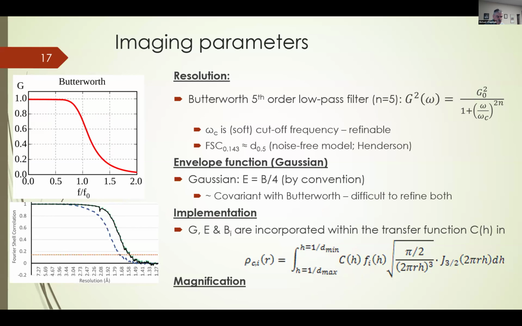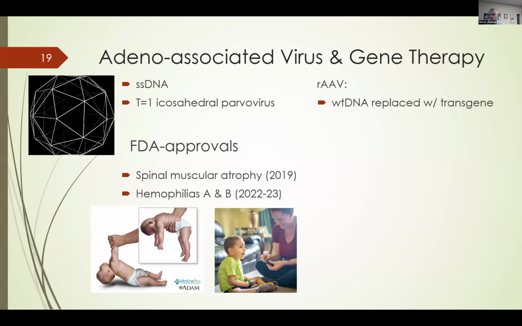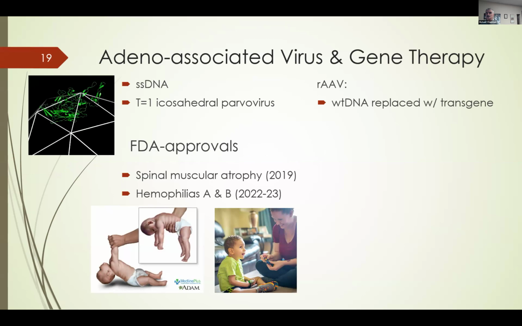So for the balance of the talk, I'm going to give some illustrative examples of how we've used refinement, examples from the Chapman laboratory. And just one slide of biomedical introduction: we work on adeno-associated virus, which is a small single-stranded DNA virus that is now the leading vector for gene therapy.